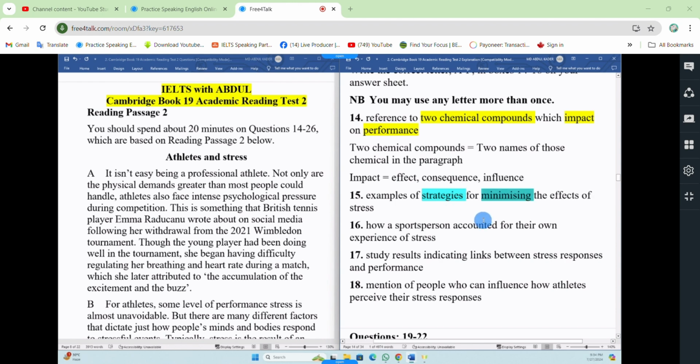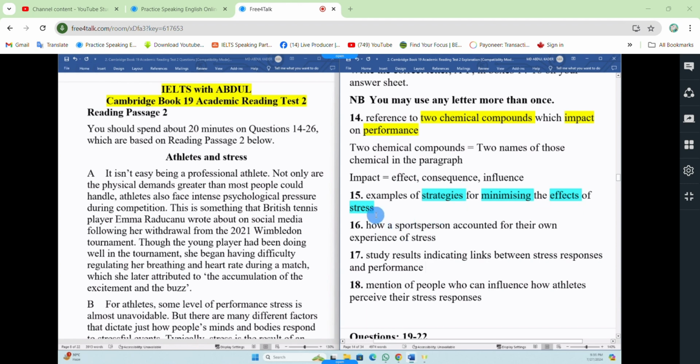The second keyword is minimizing, the third keyword is effects, and the last keyword is stress. We'll have these keywords in a paragraph where the writer discusses some strategies, or examples of strategies, for minimizing the effects of stress.